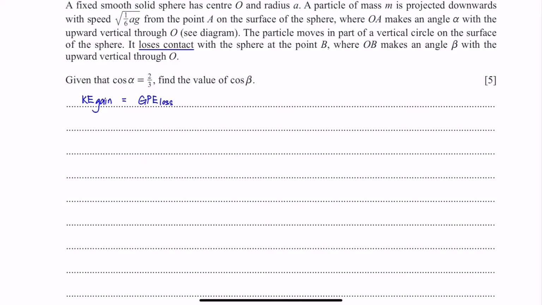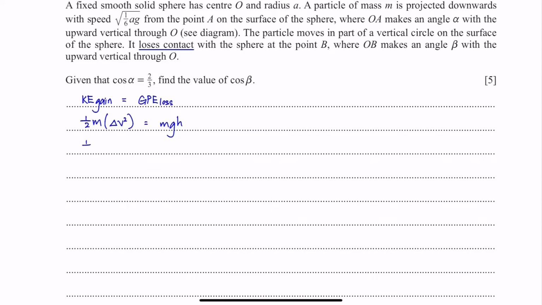For kinetic energy, the change in the kinetic energy is half m times the change in v squared. And for GPE, we have mgh, where h is the difference in the height.